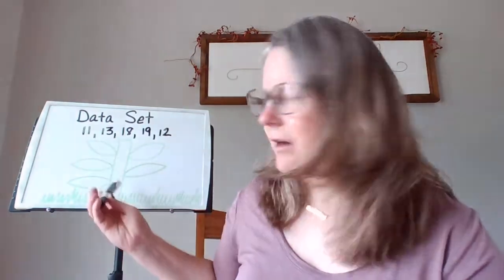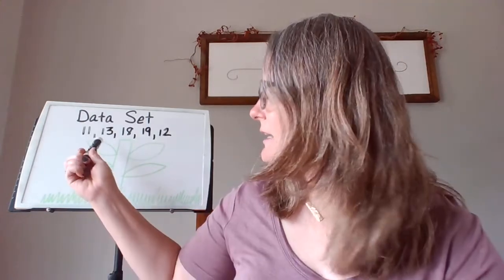So one of the things to think about in order to try to understand a stem and leaf is that the stem of our flower plant represents one part of the number and the leaf demonstrates a different part of the number.